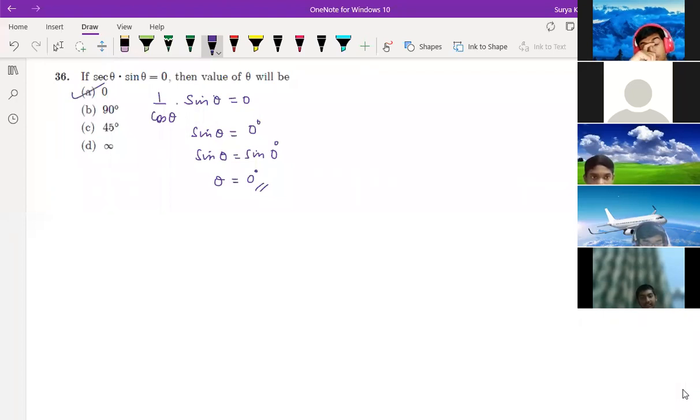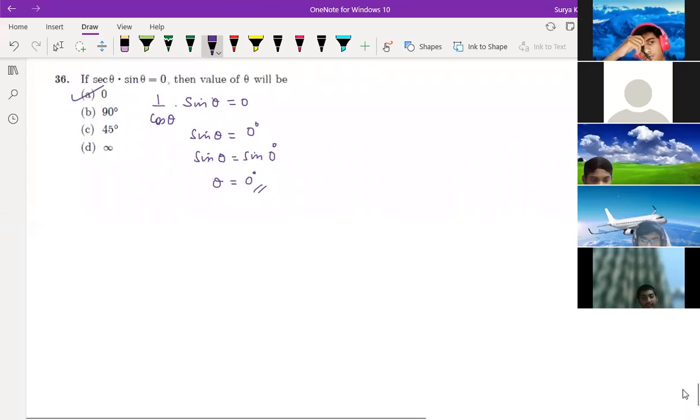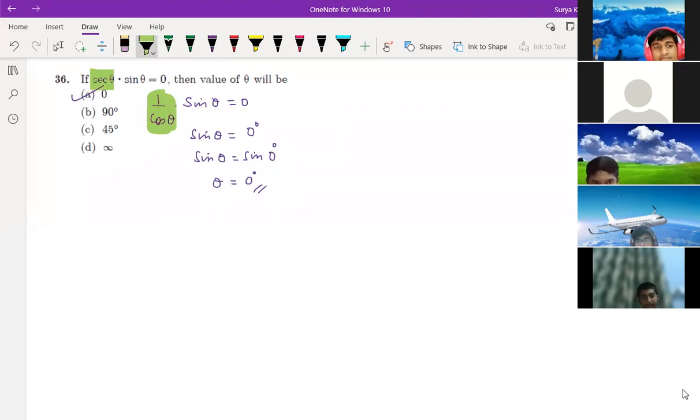But cos 90, right? Sir, I didn't get this. See what I have done. Sec theta is just converted into 1 by cos theta. Then 1 by cos theta, if you take this one, this becomes 0 only, no? So sin theta becomes 0. So theta is equal to what?